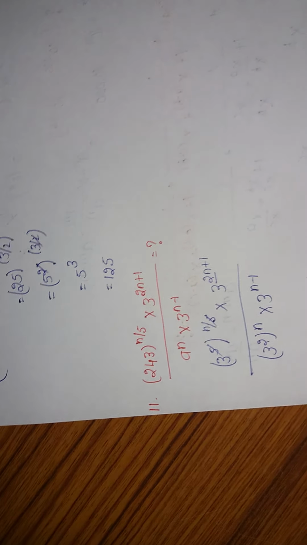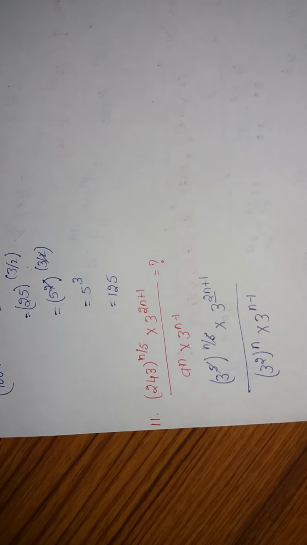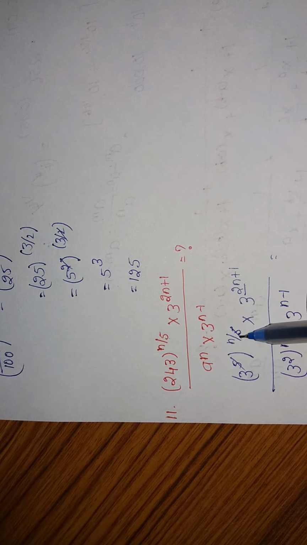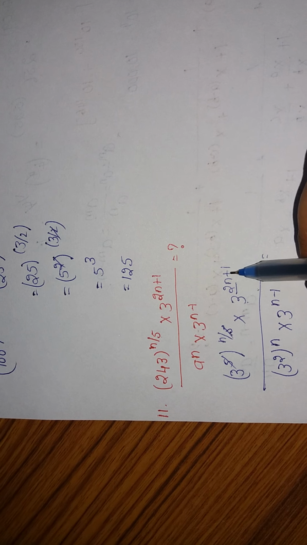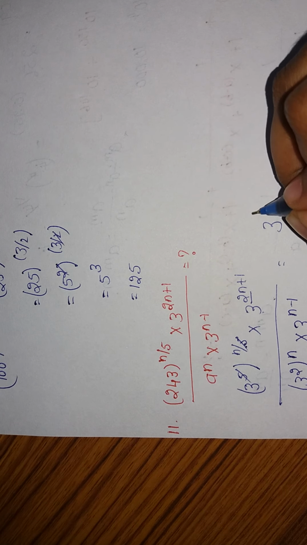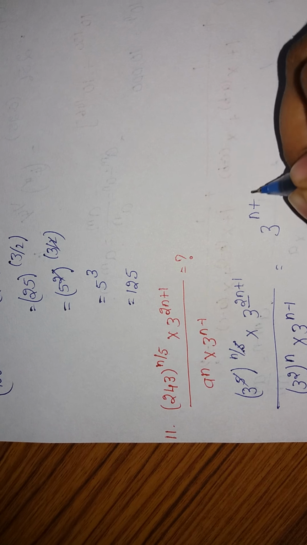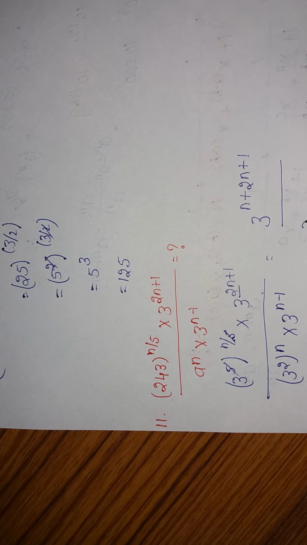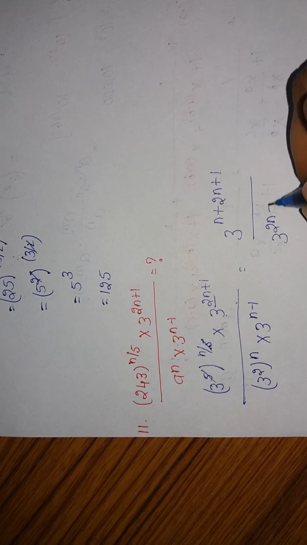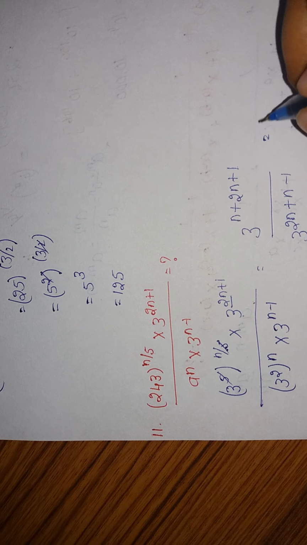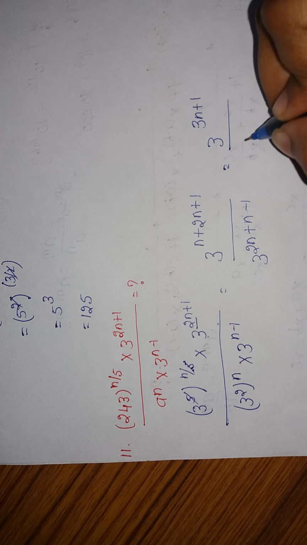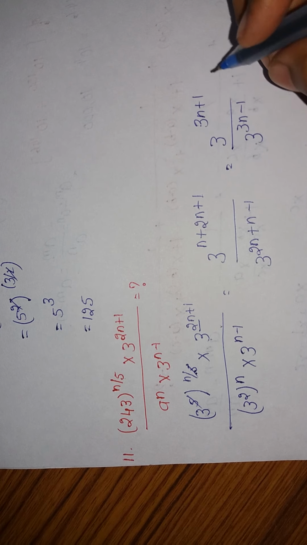So 5 gets cancelled, and here the numerals are 3 power of n into 3 power of 2n plus 1. So these are added: 3 power of n plus 2n plus 1 by 3 power of 2n plus n minus 1. That can be represented as 3 power of 3n plus 1 by 3 power of 3n minus 1.